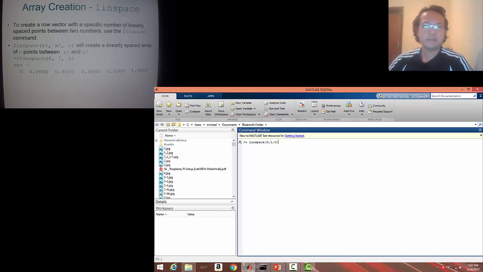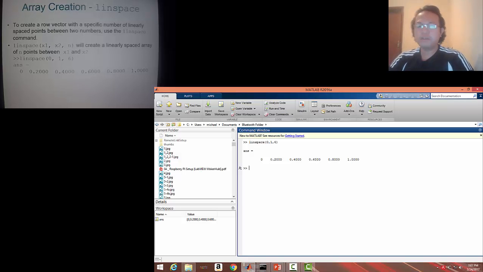Okay, let's write this one and hit enter. So from 0 to 1 there are 6 points, 1, 2, 3, and then 6. The meaning of this is you write first the lower limit, then the upper limit, and then the number of points, 6.